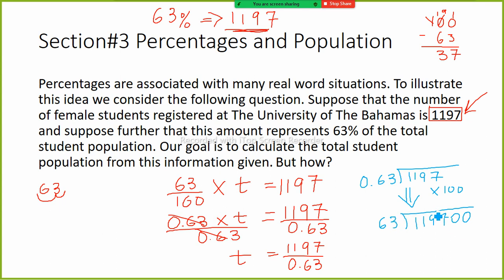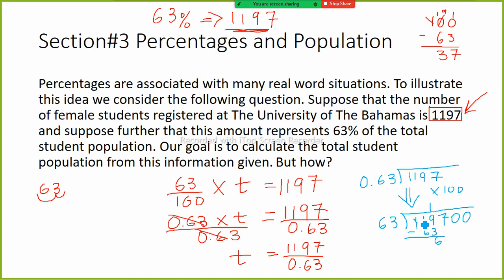So we can try 1. Well, 63 times 1 is 63. So that's going to be 119 minus 63. 9 minus 3 is what? 6.